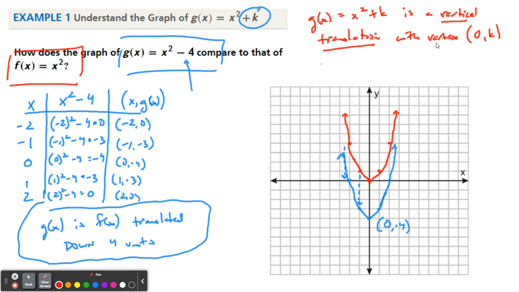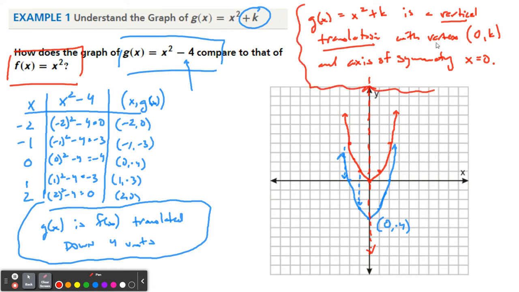The axis of symmetry is still going to be x equals 0, which is the y-axis. We did not shift left or right. We just went up or down, so that vertical line does not move. It stays right there. That is our axis of symmetry.